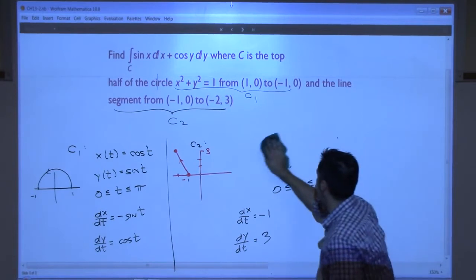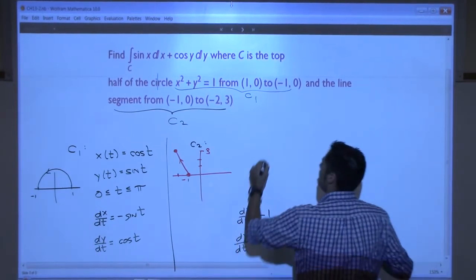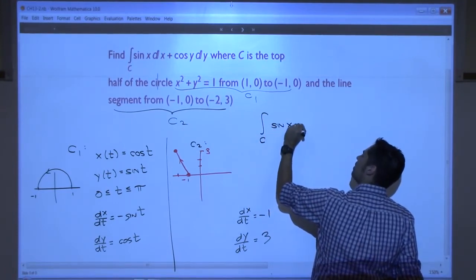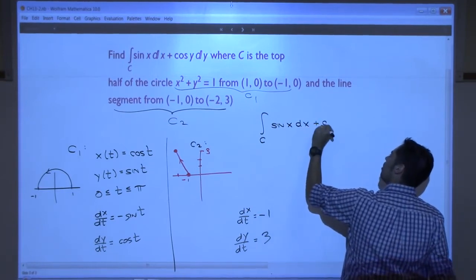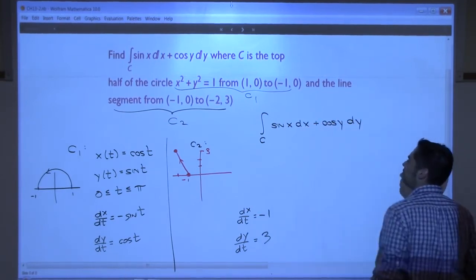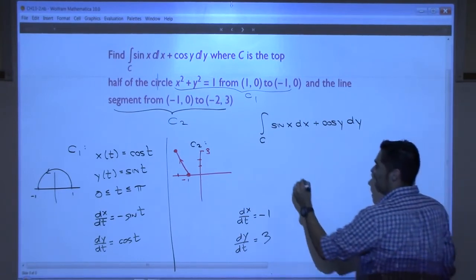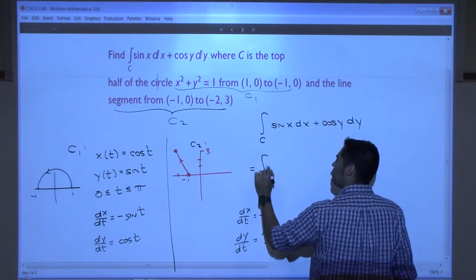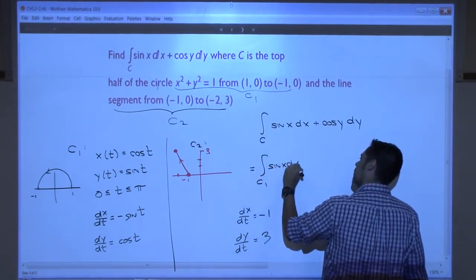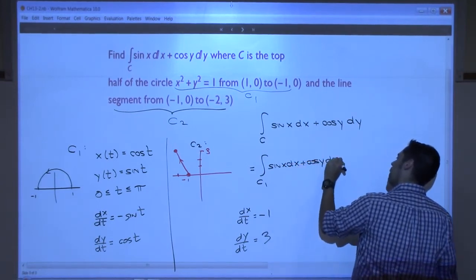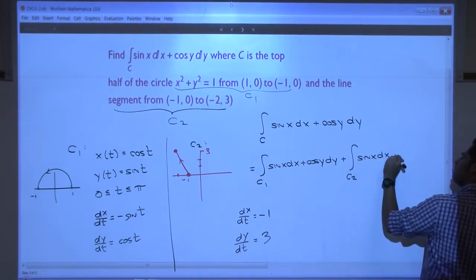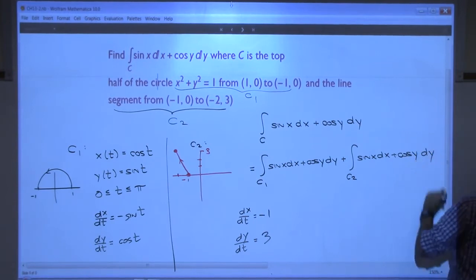This is going to be the line integral over C of sine of x dx plus cosine y dy, which by the fact that we're splitting it into two segments is the line integral over C1 of sine x dx plus cosine y dy, plus the line integral over C2 of sine x dx plus cosine y dy. So I have to split it up into two line integrals.